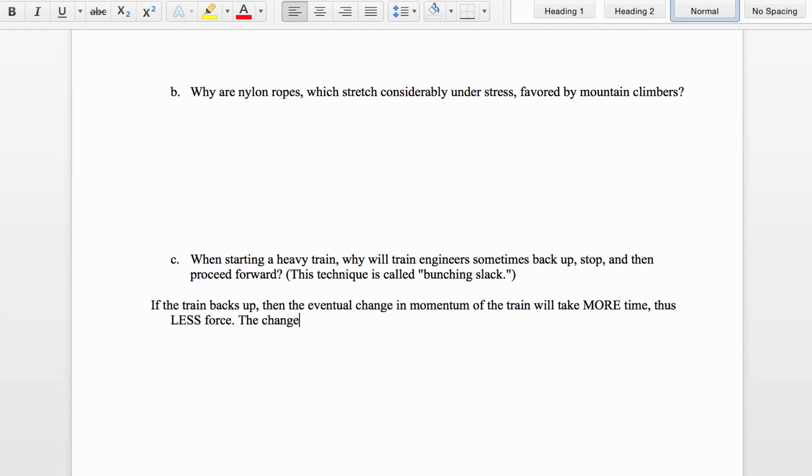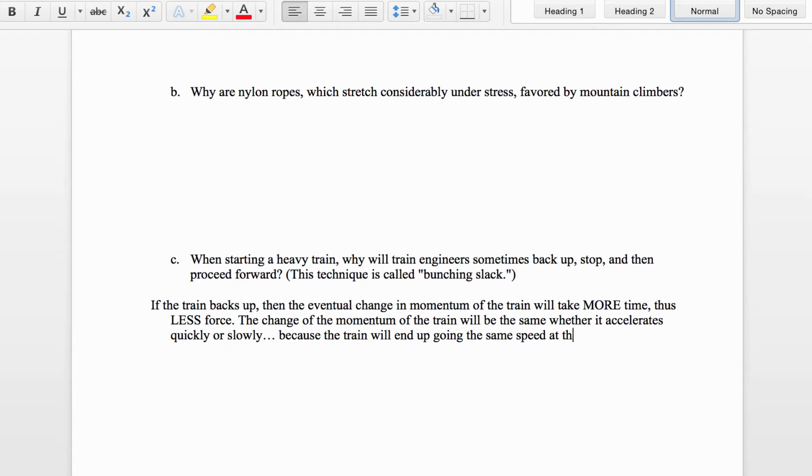The change of the momentum of the train will be the same regardless, whether it accelerates quickly or slowly, because the train will end up going the same speed at the end.